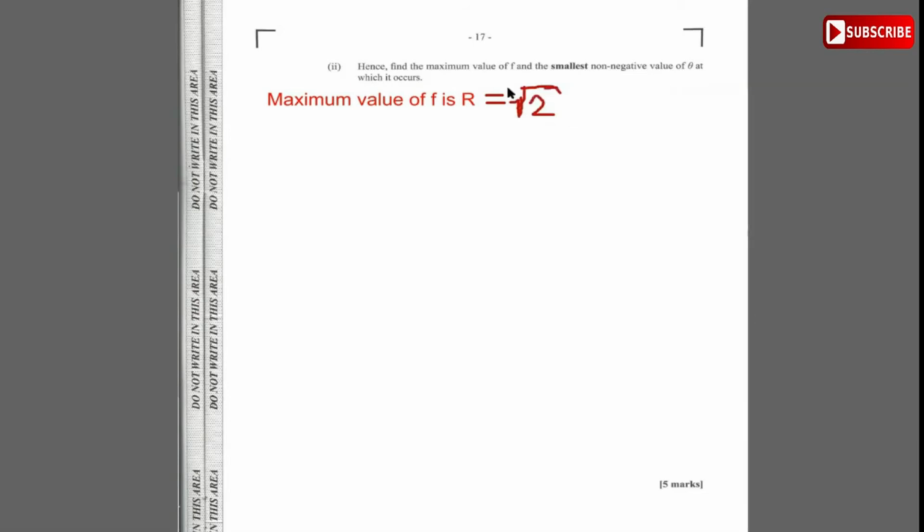Now I want the value of theta for which the maximum occurs. The max occurs when the function is equal to its amplitude, the maximum amplitude.